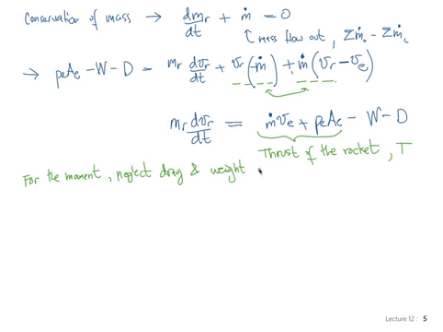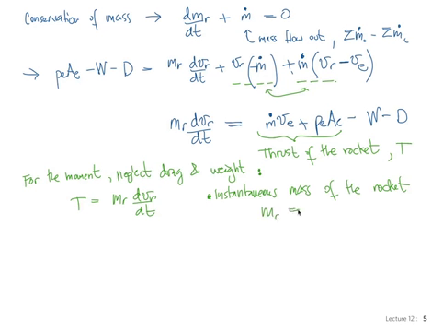Okay, we get, well, the thrust T is equal to m_r dV_r/dt, a much simpler equation. So let's write the instantaneous mass of the rocket as an initial mass, m initial, minus m dot t.